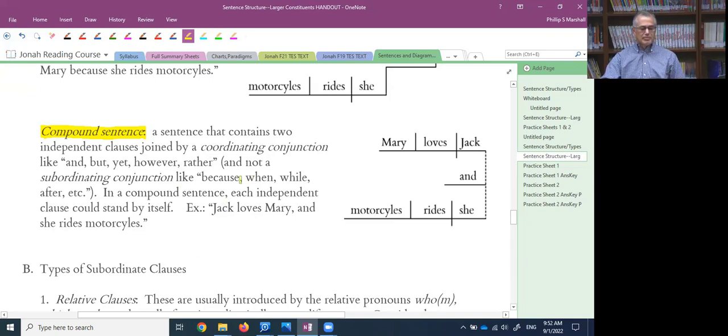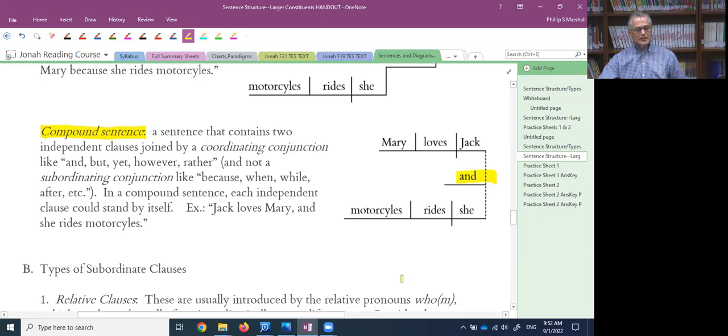Those would be things like because, when, while, or after, okay? Subordinating conjunctions create subordinate or dependent clauses. But when we talk about compound sentences, we're not talking about adding a subordinate clause to a main clause. We're actually giving two independent clauses and using a coordinating conjunction to join them.